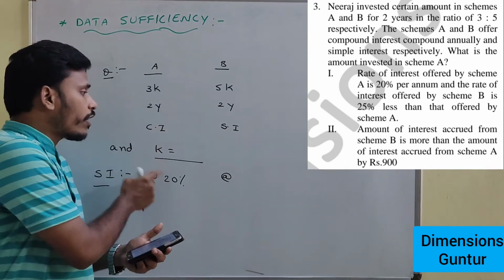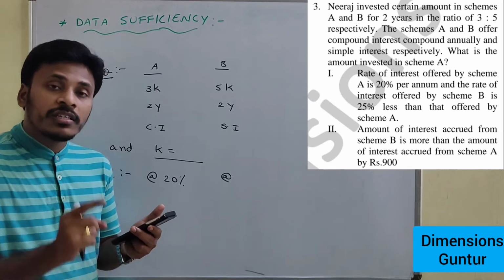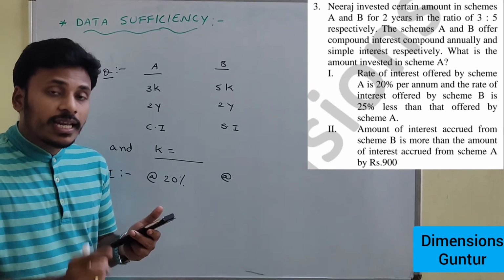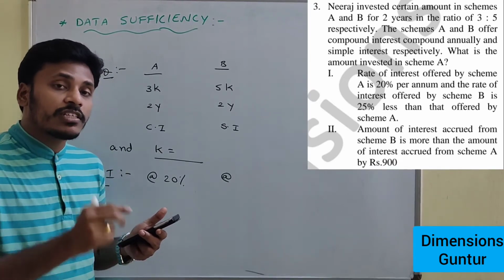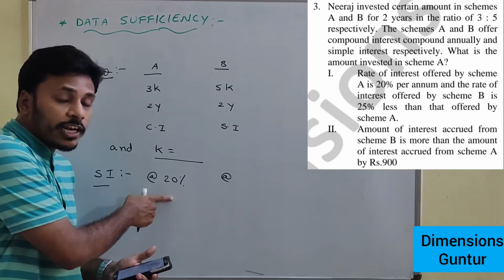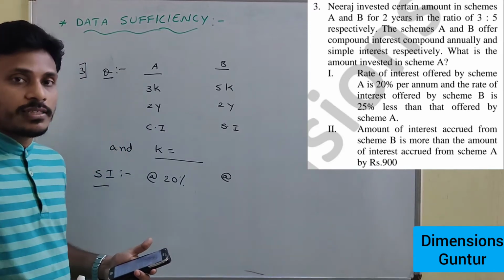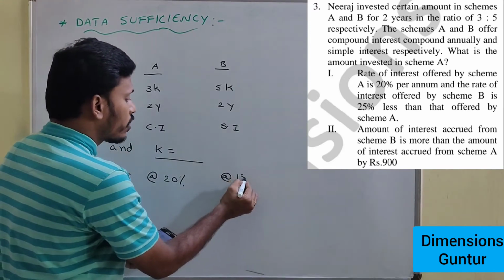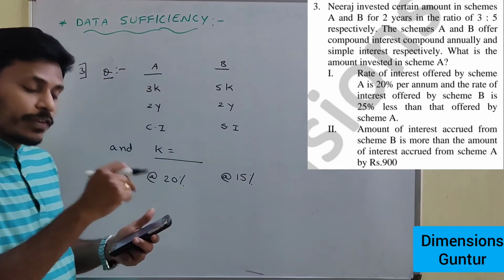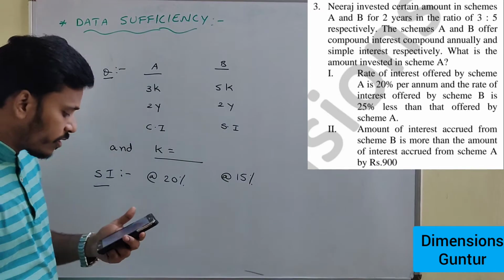The rate of interest for A is 20%, and in scheme B, the rate of interest is 25% less, 25% in the sense 1/4, so 1/4 less than this rate. 20, its 1/4 is 5, so that much is lesser. So the rate of interest is 15% as per statement 1. So these two rates of interest are given in statement 1.